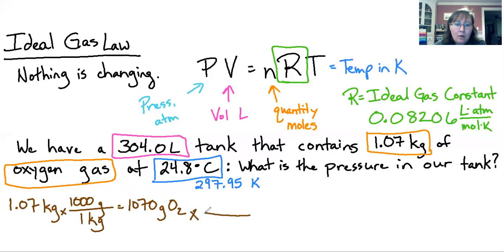Okay, now I can say, okay, well, I know that oxygen gas is 15.999 times 2, or 31.998 grams of oxygen gas per mole. Okay, so that means that I can take 1,070 divided by 31.998.